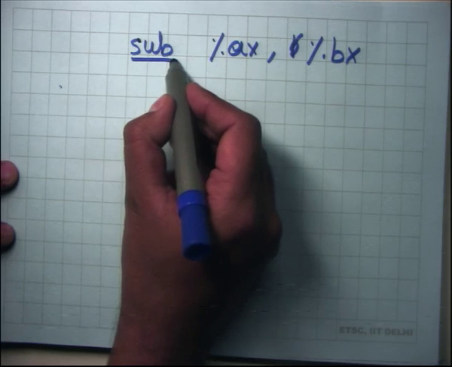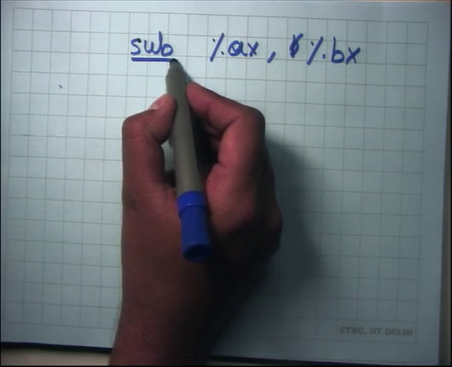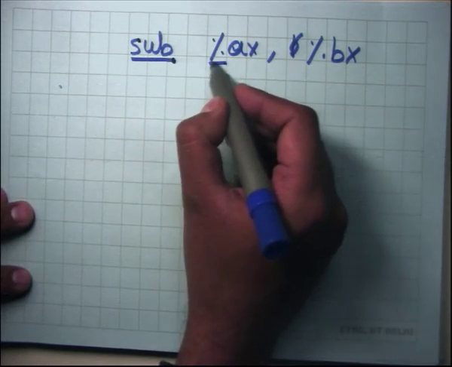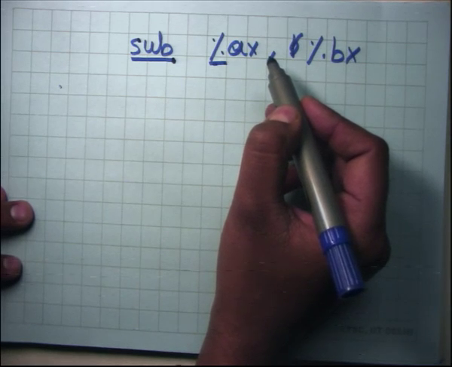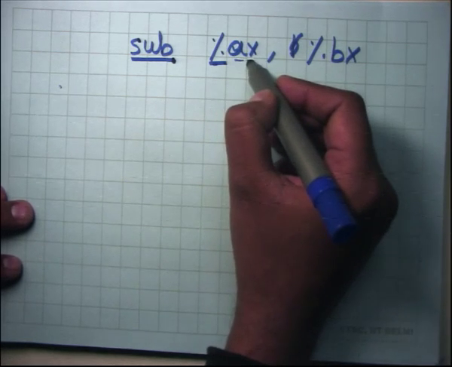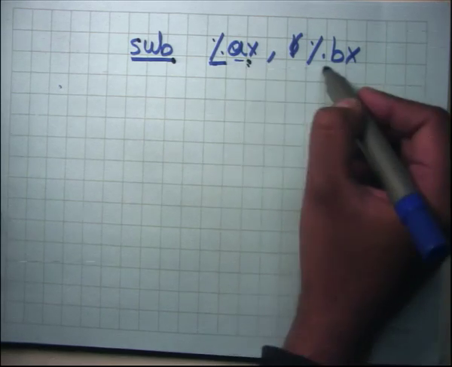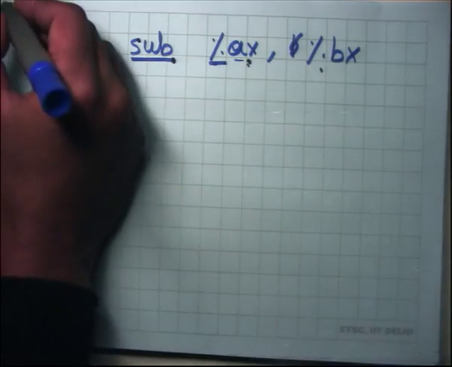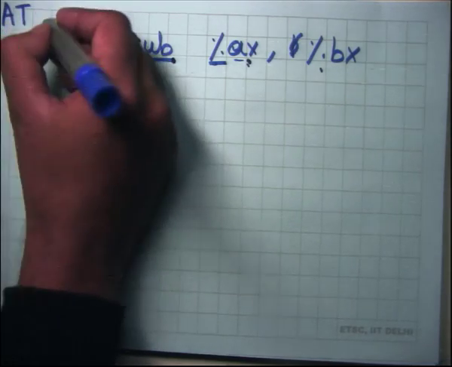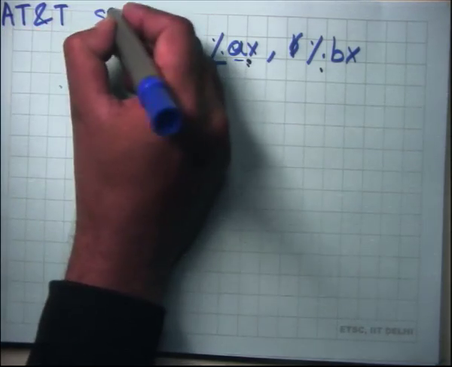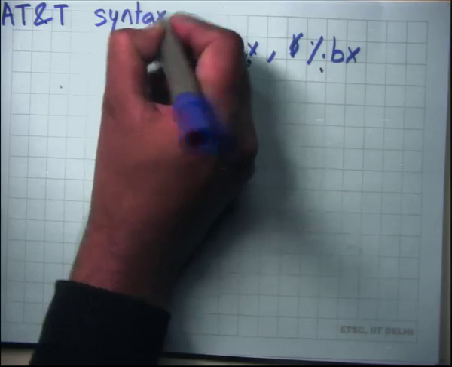This is the opcode. You must have seen this in your computer architecture class. The percentage sign means that I'm talking about a register, and whatever follows the percentage sign is the name of the register. So I'm saying the AX register and the BX register, and we are using a syntax called the AT&T syntax for x86.